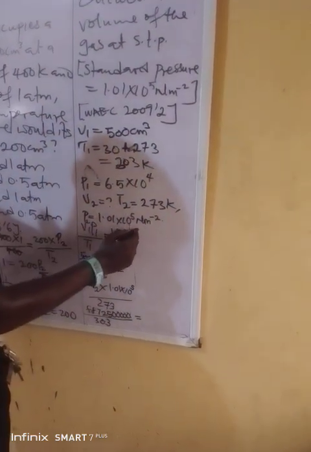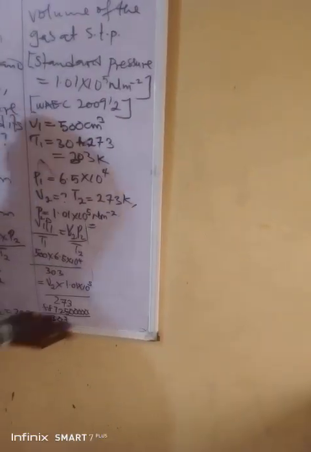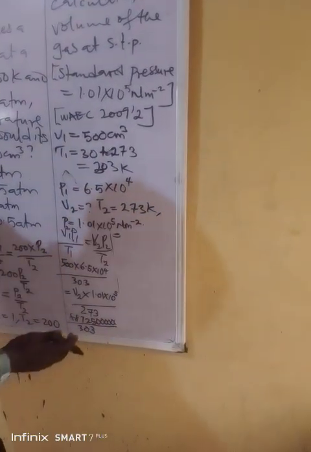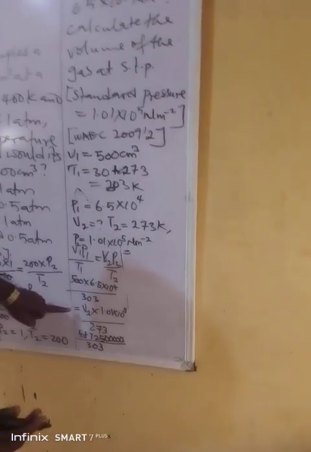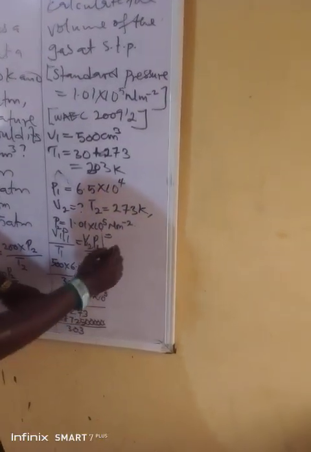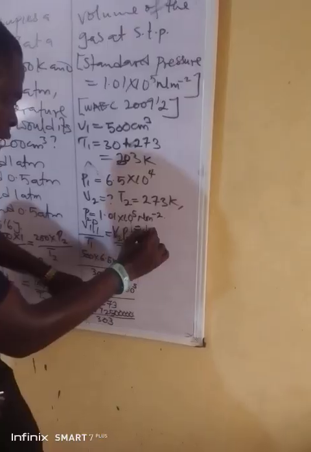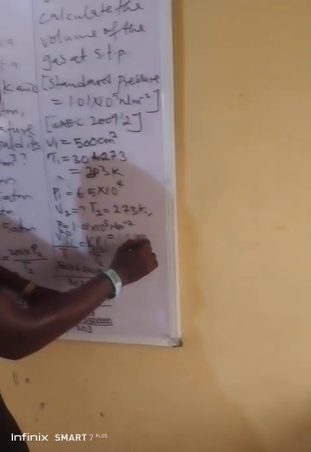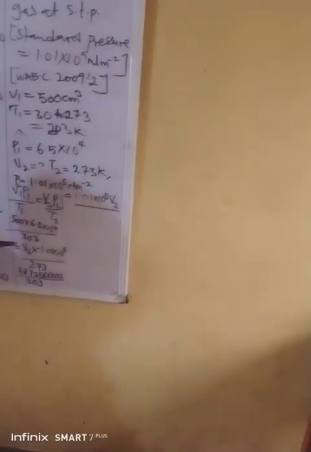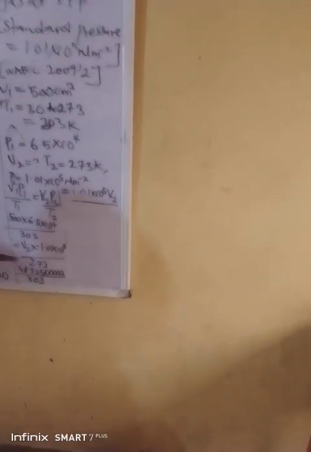Now let me put it here. It's equal to what the second one now? 1.01 times 10 to the power 5 V2 over 273.